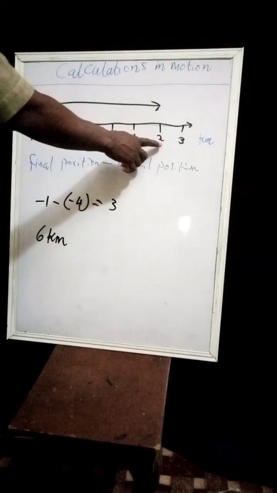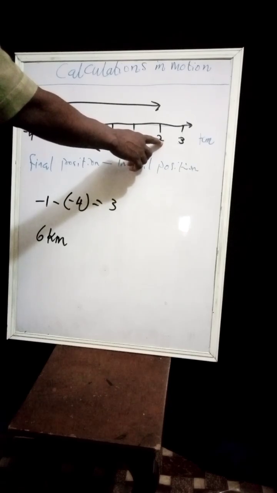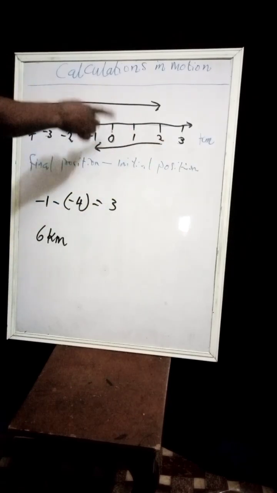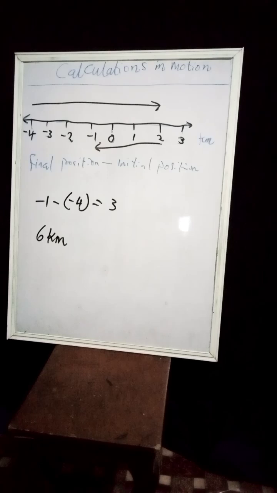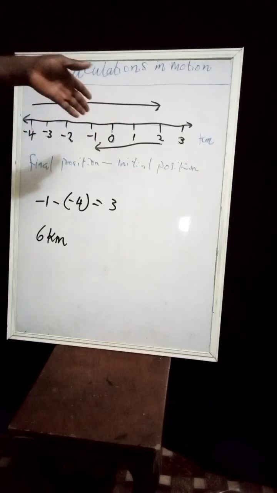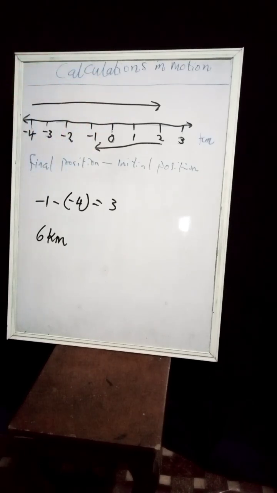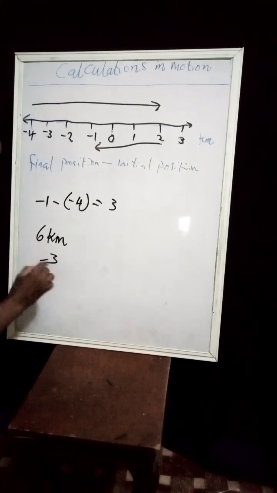It was at point 2. Then he moved 1, 2, 3. But moving at this point is moving towards the negative direction. So this will be negative 3.